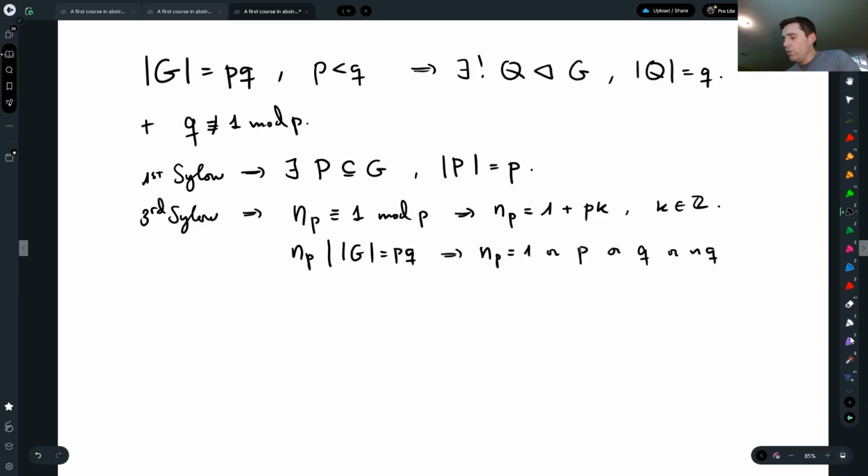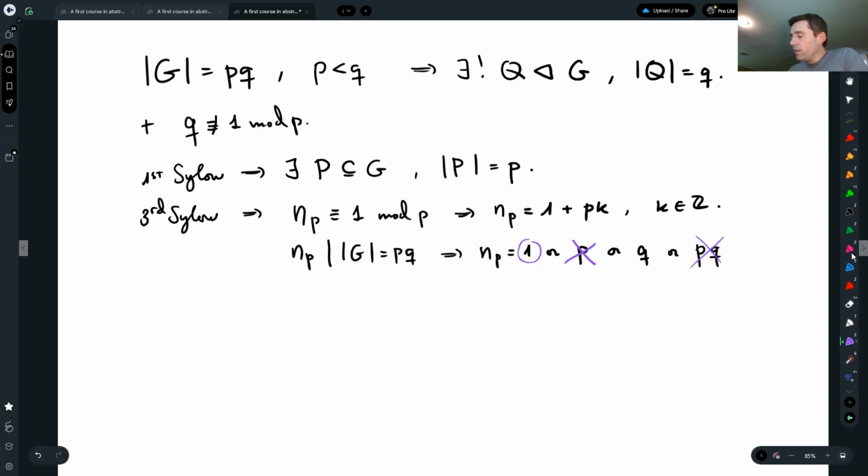Okay, so what can we deduce? Right away, if NP is 1 modulo P, it can be 1. It cannot be P, and it cannot be PQ, because that is a multiple of P. That is not 1 mod P, that's 0 mod P.